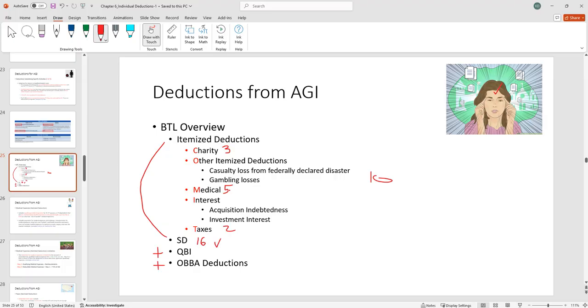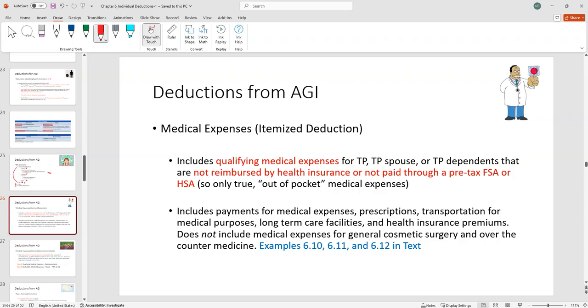Let's start with these. Even though we memorize it through this COMMIT acronym, we're not going to unpack it that way. We will start with medical, the M in that acronym. When we talk about medical expenses, they have to be the right type of expense, and they have to not be reimbursed by health insurance.